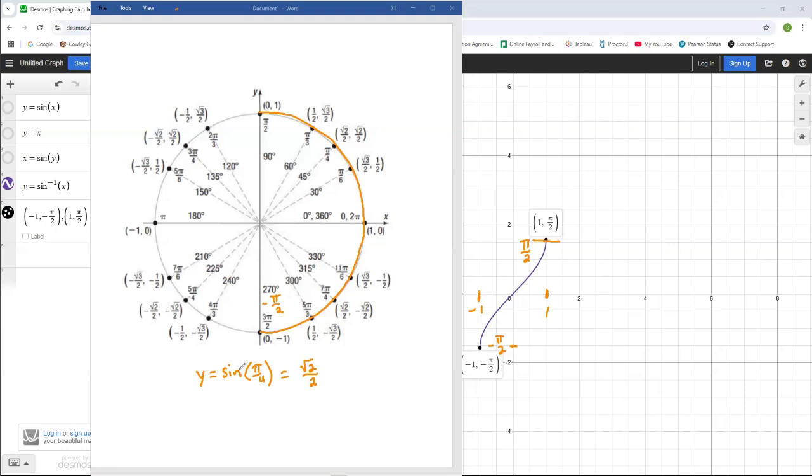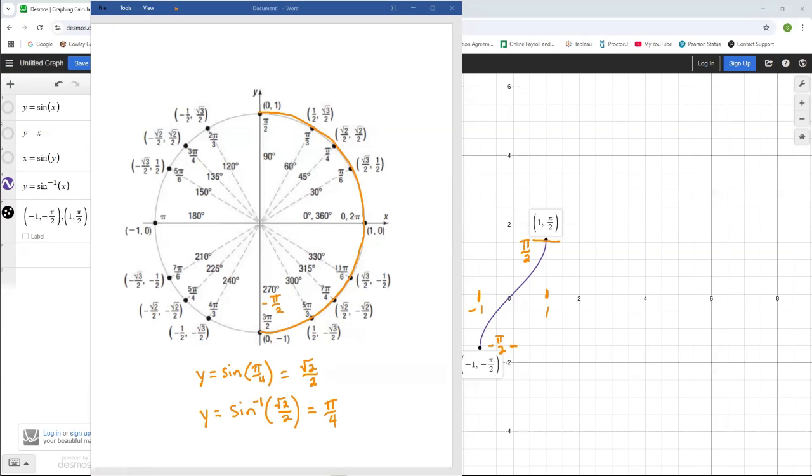But if I ask for the inverse sine, if I said, give me the angle who has the sine of the square root of 2 over 2, so the answer to an inverse sine is an angle, so that would be π/4.